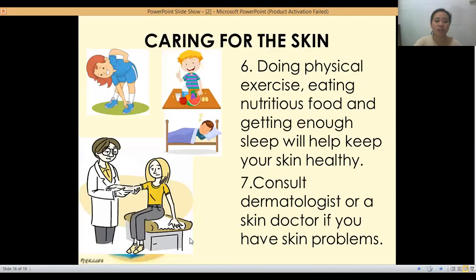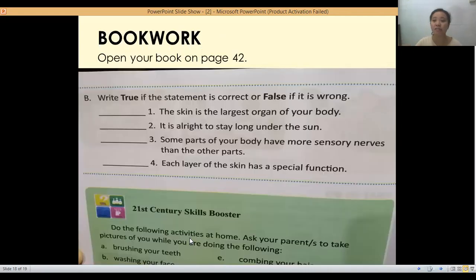Different parts of your body have different numbers of nerve endings. Your face and your hand have many nerve endings, while your back and your legs have fewer nerve endings.